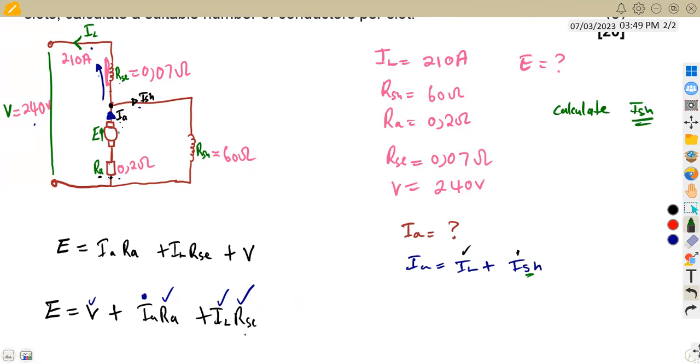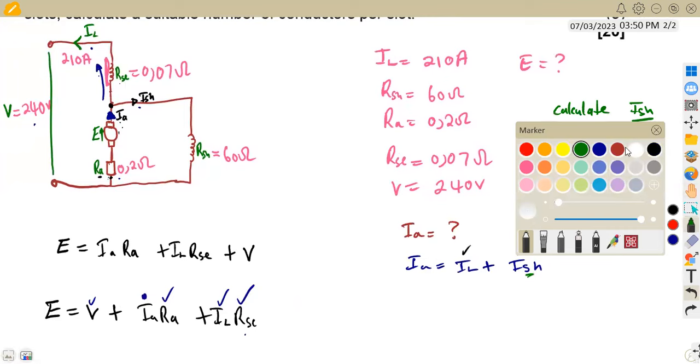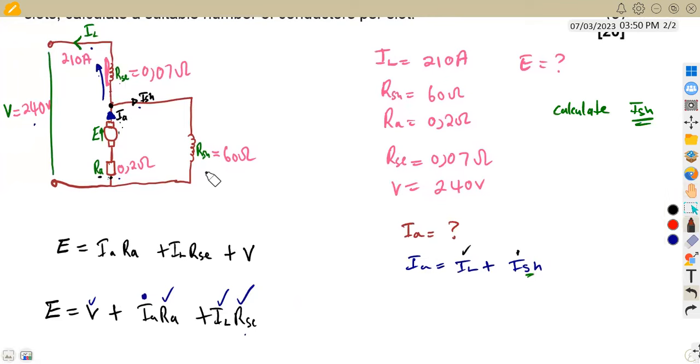All right. So where are we going to obtain our shunt current? From the shunt resistor. How can we apply this? The voltage drop gives you the shunt current. Also, you're given this formula as the voltage plus the load current times the series resistance. We have got two voltages drop all over the shunt resistance. So that means we can calculate our shunt current.